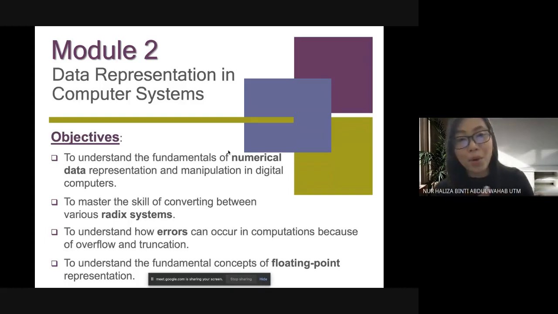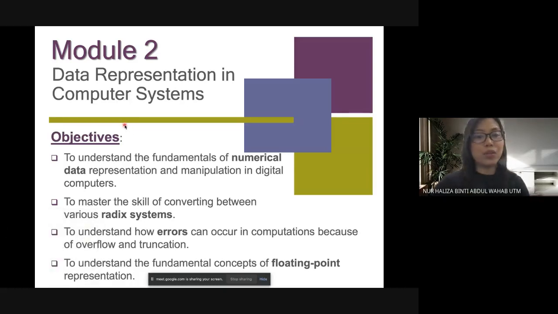The main point is that what I see in our module 2 is basically related to what you already learned, which has very strong correlations with your digital logic subject. So that's why I want to ask a few questions. So stand by. So this is the objective.